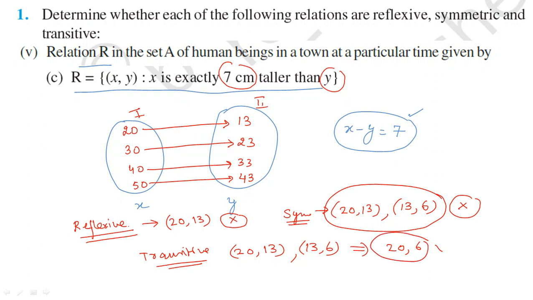But this condition is again not satisfied. It means if I am summarizing this question, what about reflexive nature? Answer is no. What about symmetric nature? Answer is again no. What about transitive? Again the answer is no. It means all the three conditions are not satisfied.